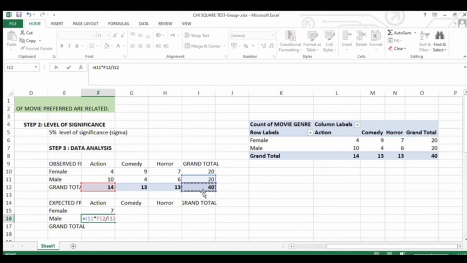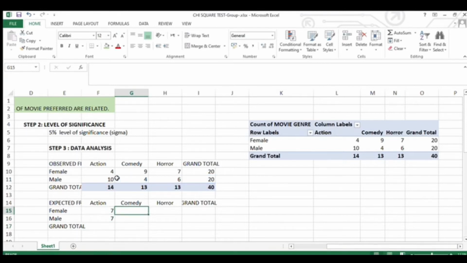You have to insert the equal sign first, and then select the grand total of row, which is 20, and then add the multiply sign, which is the star sign, and then select the column grand total, and then insert the divide sign, which is the slash sign, and select the grand total of the observed frequency, and then you just hit the enter button. You will get the value, which is 7.